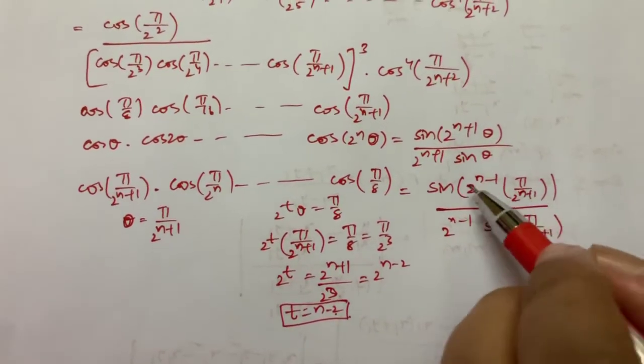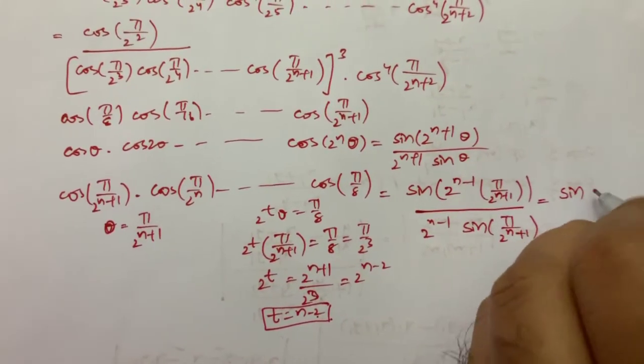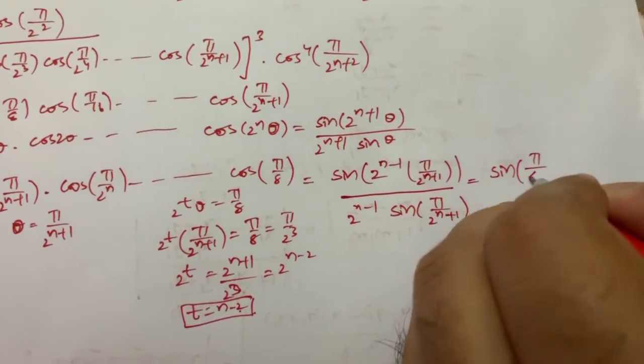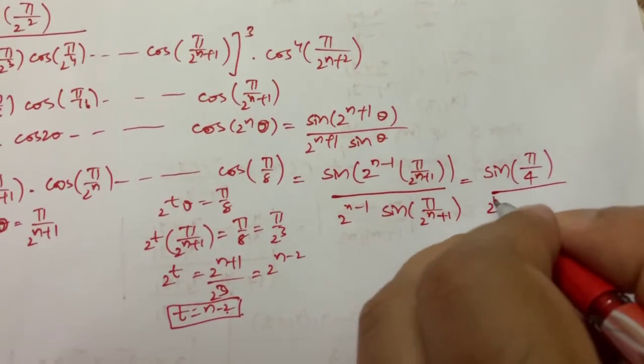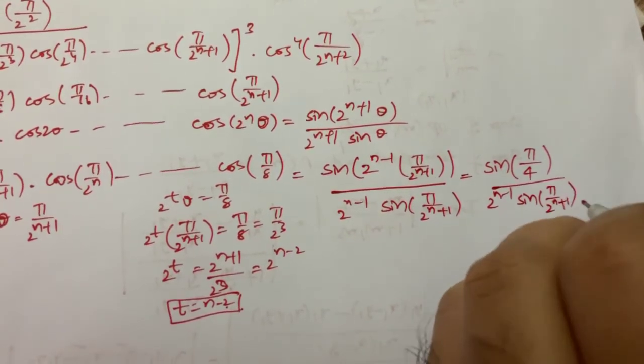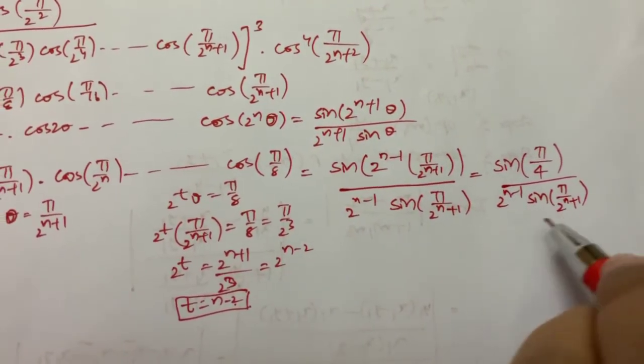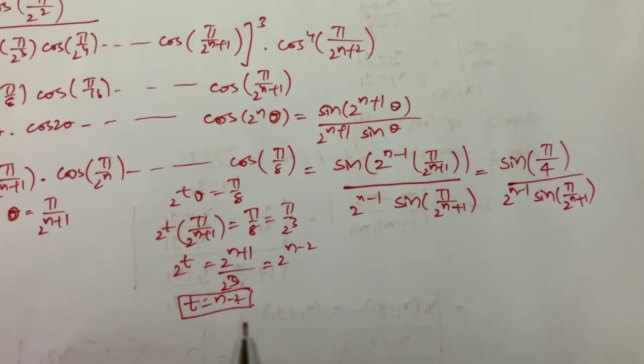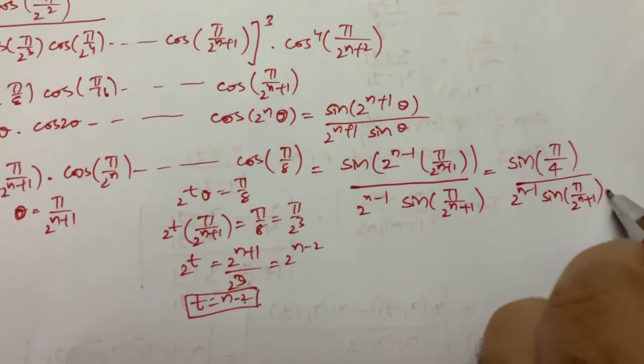Okay. So, this is sin pi by 4 by 2 power n minus 1 sin pi by 2 power n plus 1, and we have n tends to infinity, right. So, n is tending to infinity, we have to evaluate this.